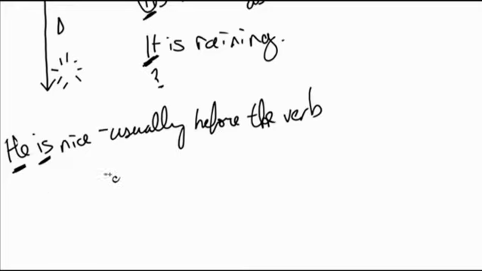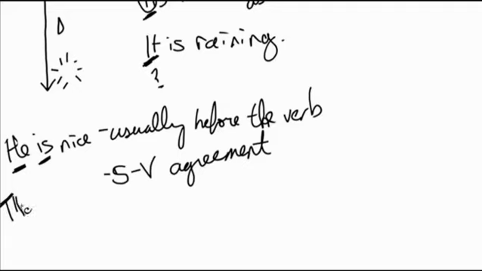Is there anything else? Well, yeah, the subject and the verb usually have to agree. Not usually, they do have to agree. There's an agreement between them, right? What do I mean by agreement? Well, if we change the number of people involved here, change it to they, we need to change this verb, right?